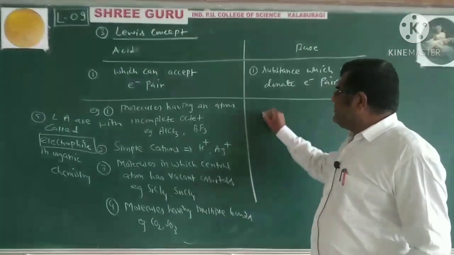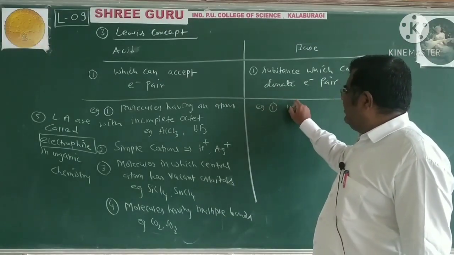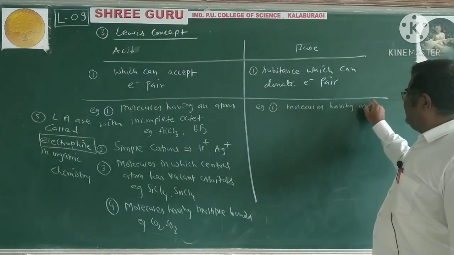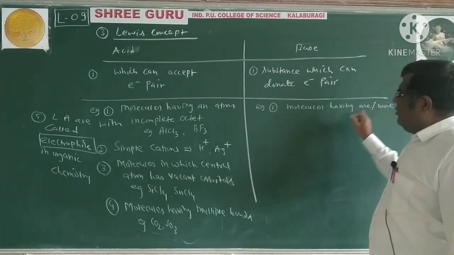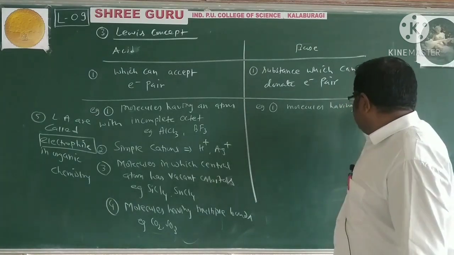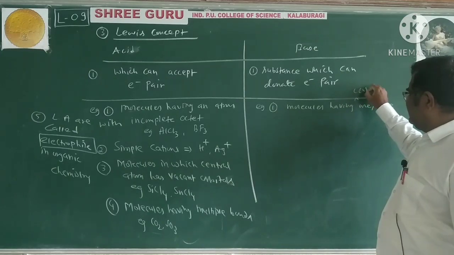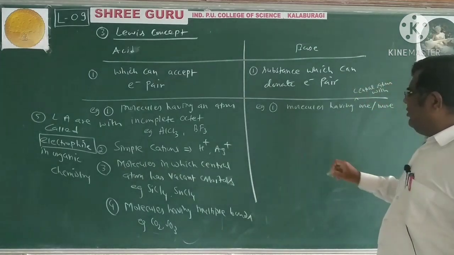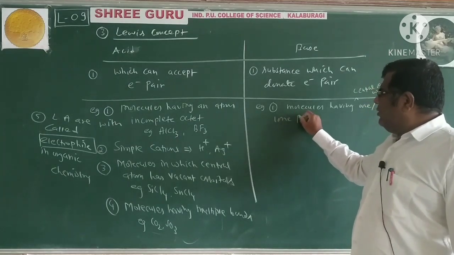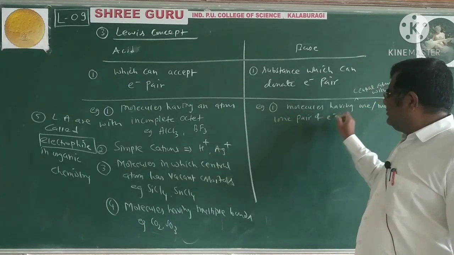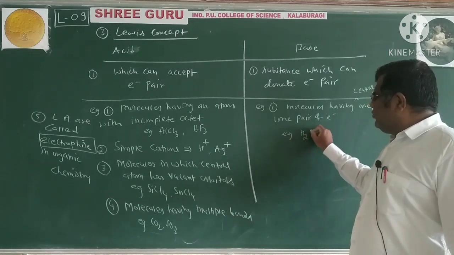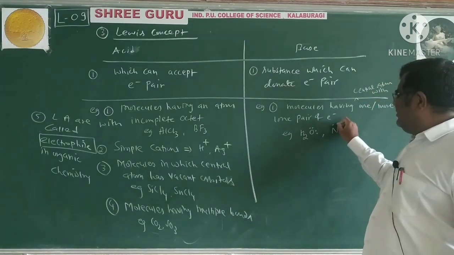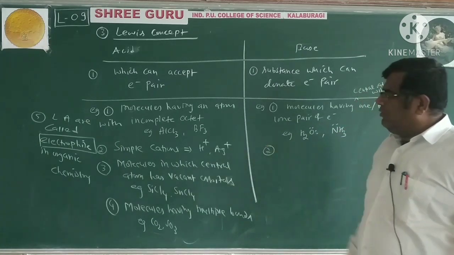Now what are the examples of base? Molecules having central atom with one or more lone pair of electrons. Example is H2O, which has 2 lone pairs of electrons, and NH3, which has 1 lone pair of electrons.